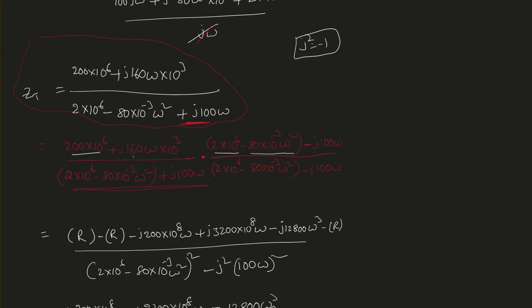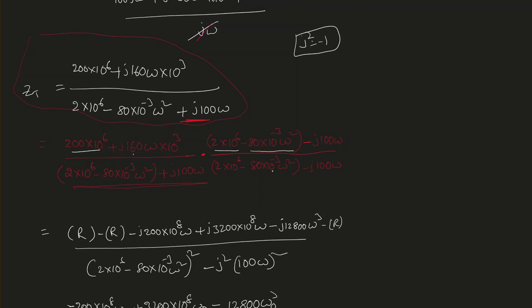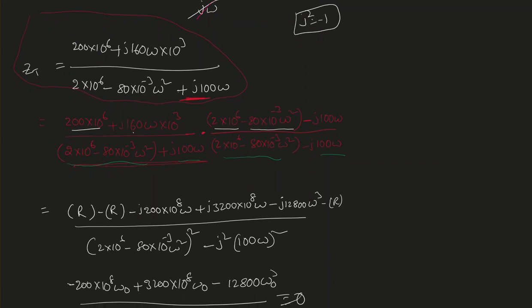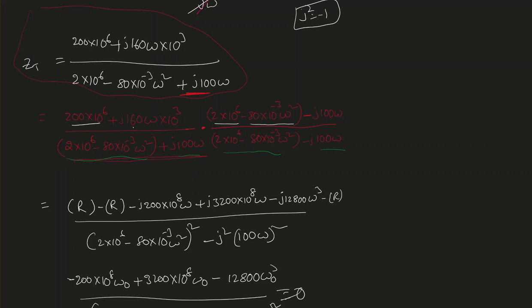That's what I did here. When I multiply that in the denominator, it looks like a plus b times a minus b, so it's going to be a squared minus b squared. That's what I have in the denominator.